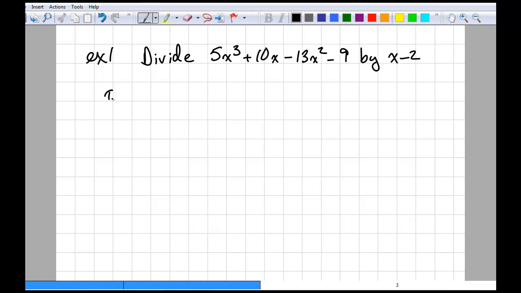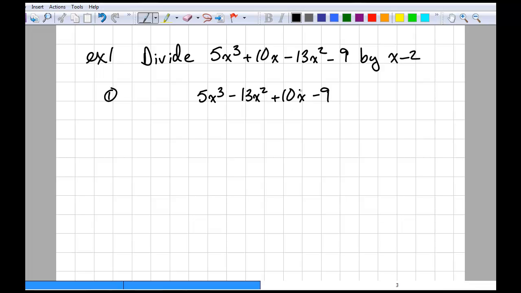So the first step is we need to rewrite the polynomial in decreasing order of the degrees, the exponents. I'm going to start with 5x cubed and then minus 13x squared plus 10x minus 9.